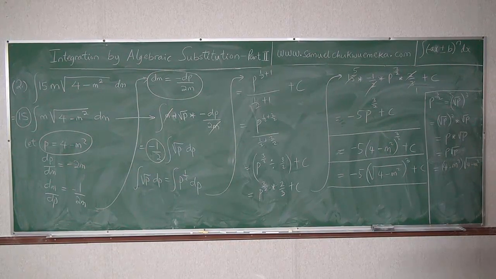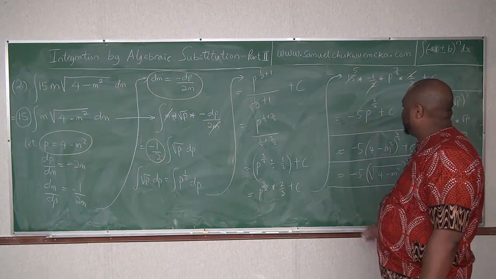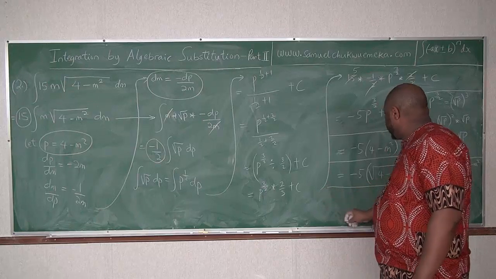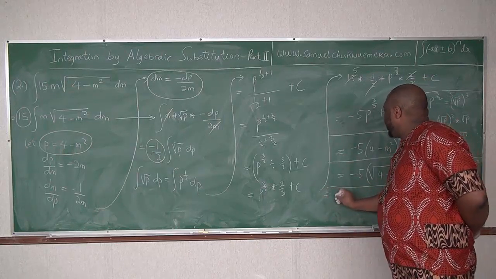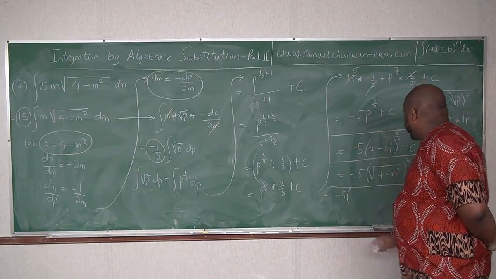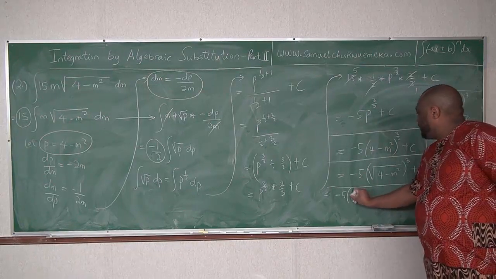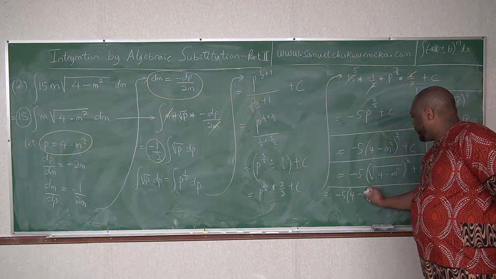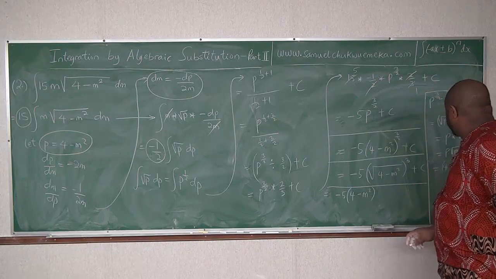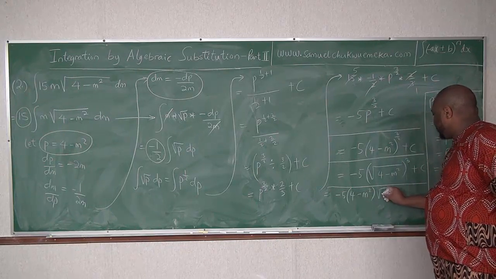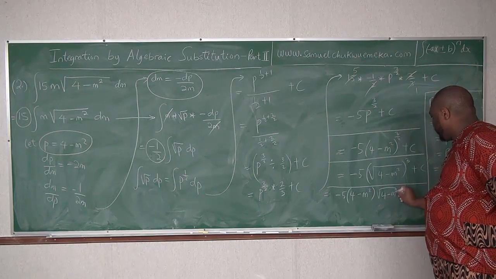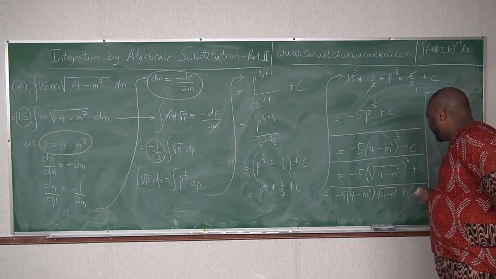That is what it is. So now we can finish up. This is now negative 5 times 4 minus m squared, then times square root of 4 minus m squared plus c.